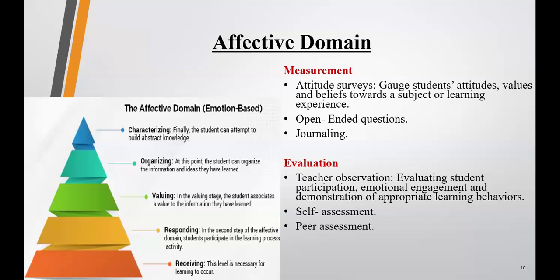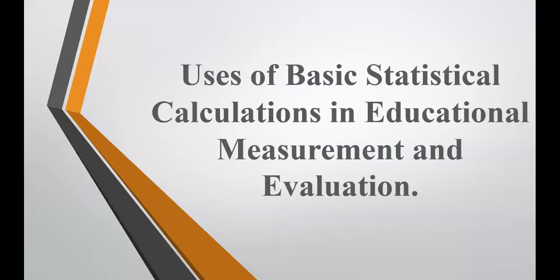Evaluation method: teacher observation, like evaluating students' participation, emotional engagement, and demonstrating learning behavior. Self-assessments and peer assessments can also be used for evaluation. Next, uses of basic statistical calculation in educational measurement and evaluation will continue by Risna.